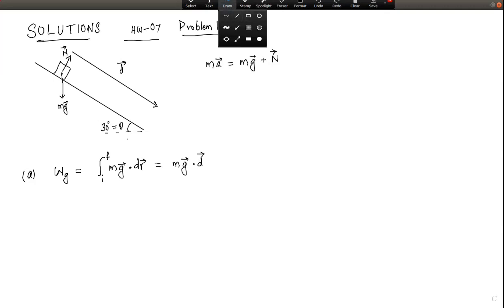To have a diagram, we have the displacement d here. That's mg acting downwards. And the angle between them, if this is angle theta, we can complete the triangle, and this will be 90 minus theta, so that will be 60 degrees.